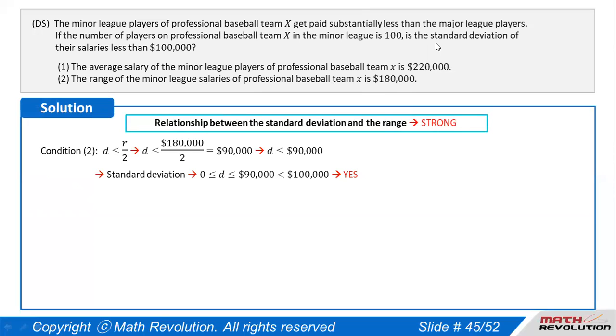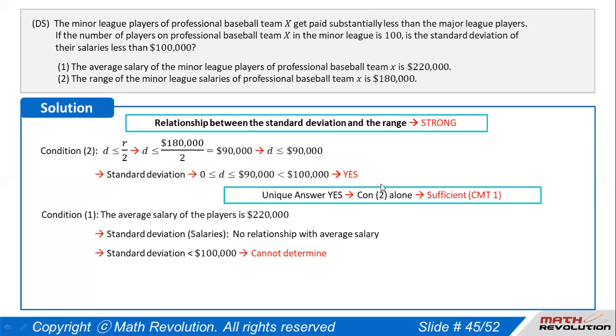So I'll put D less than or equal to 180,000 divided by 2, which happens to be 90,000. So now my standard deviation is 0 less than or equal to D less than or equal to 90,000. My question was, is the standard deviation of their salary less than 100,000? Yes, it is. So condition 2 is sufficient.